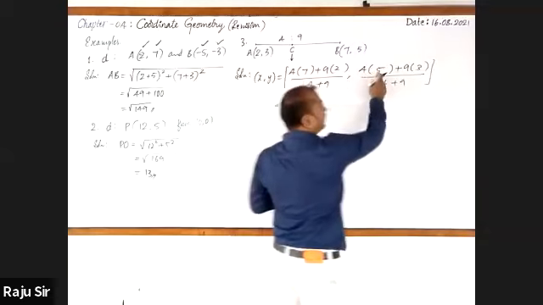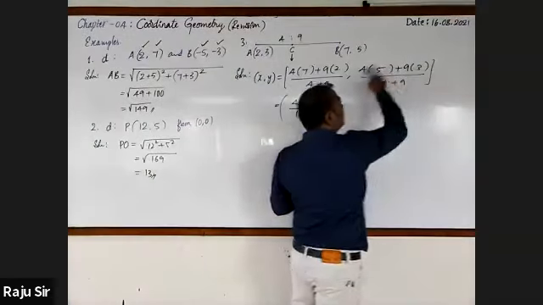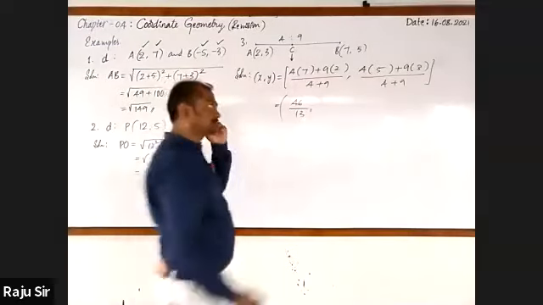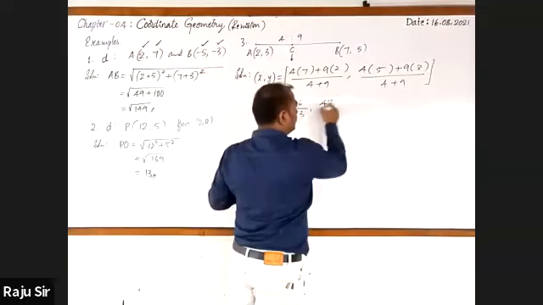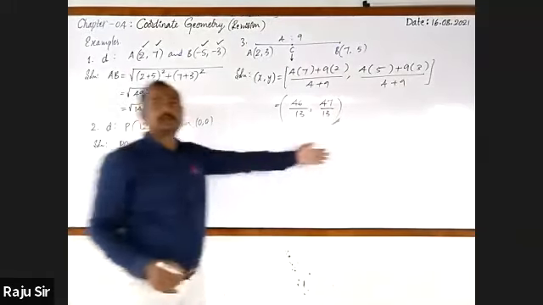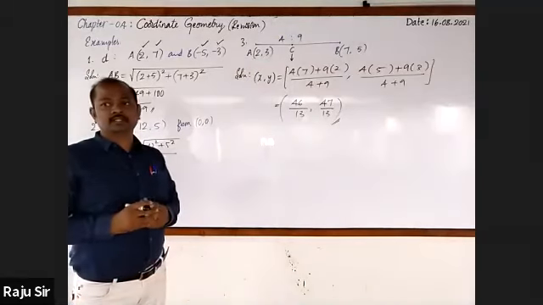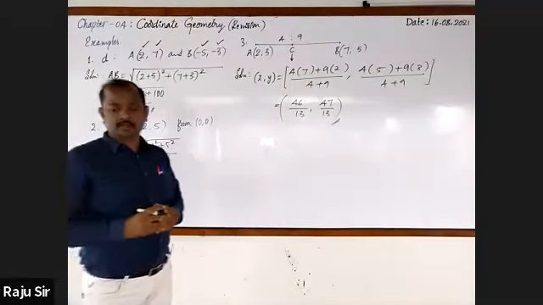Here, 4 5s are 20, 9 3s are 27, that is 47. So 47 by 13. So this is the coordinates of the point which divides the given line in the given ratio. Understood?